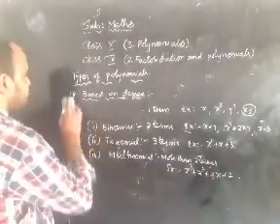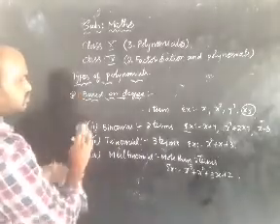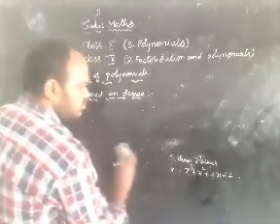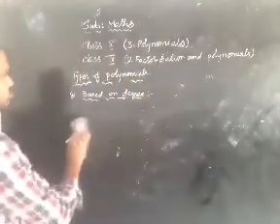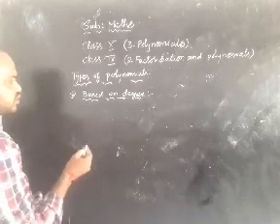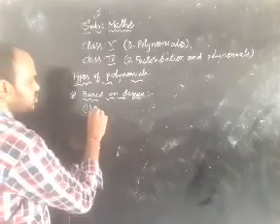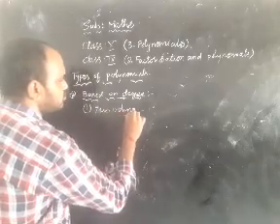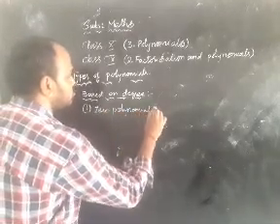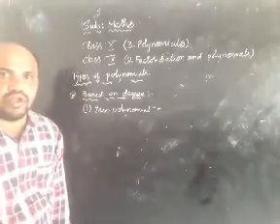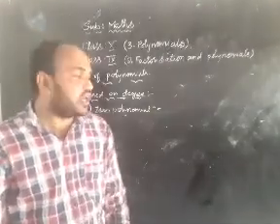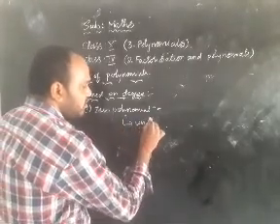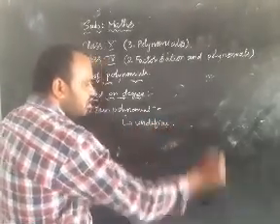First one, zero polynomial. For the zero polynomial, the highest degree is undefined. Why?